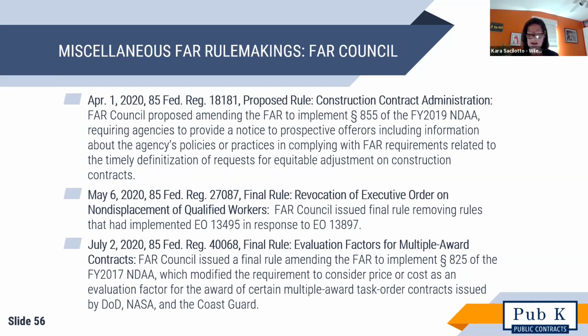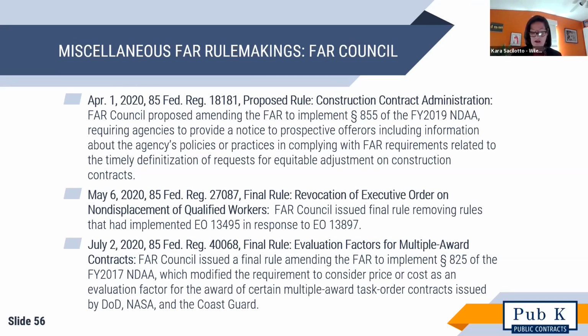This is actually kind of an interesting rule and provision of the NDAA that says that if you're going to have an IDIQ, a multiple award contract for the same or similar services, and intended to have every qualifying offeror eligible to participate in the IDIQ and orders, you don't have to evaluate cost or price at the IDIQ level.